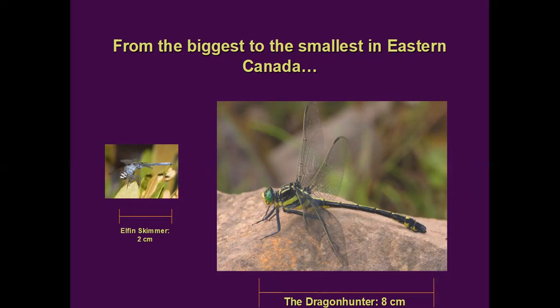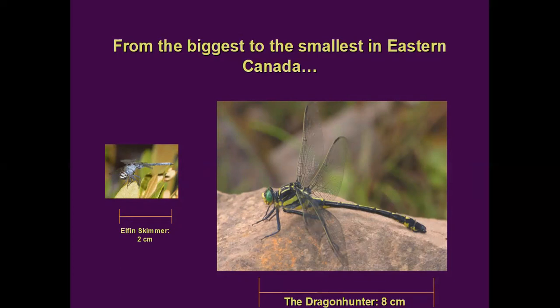And then this biggest dragonfly, it's actually tied in first place with one of the darners. The dragon hunter is 8 centimeters long, or what is that? 2.5, 3.5 inches. It's pretty big. And it eats other dragonflies. That's why it's called the dragon hunter.